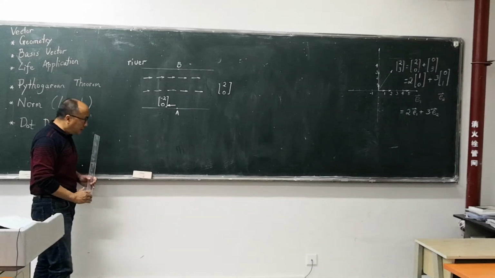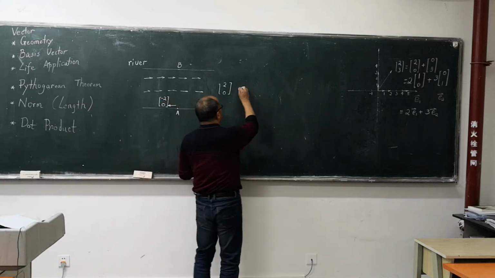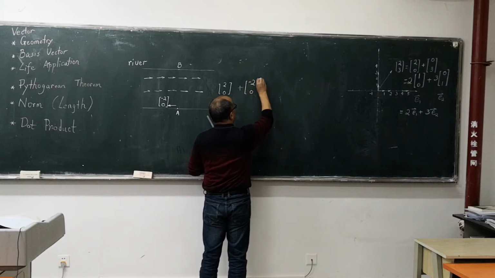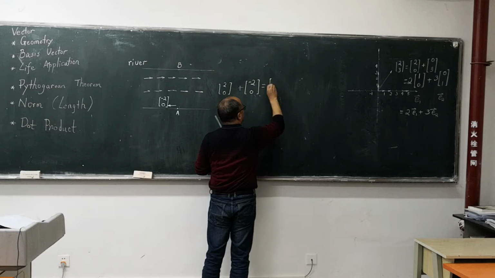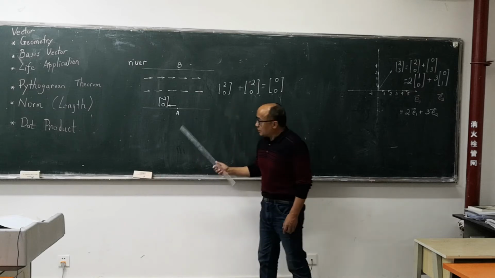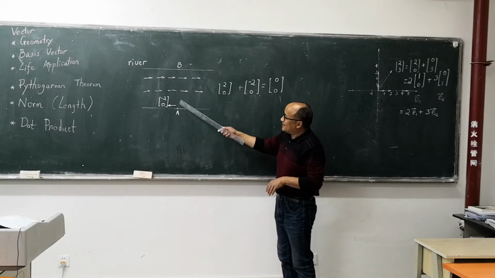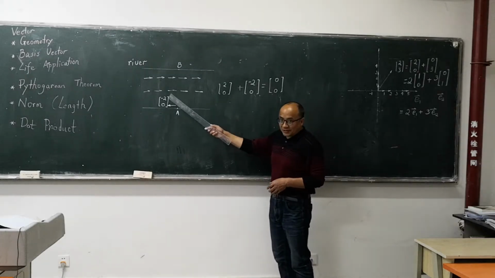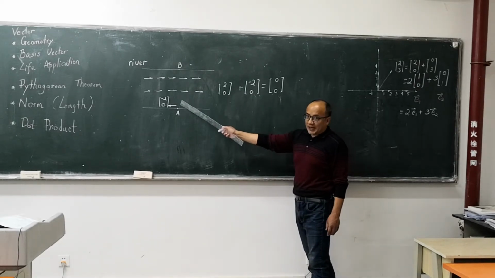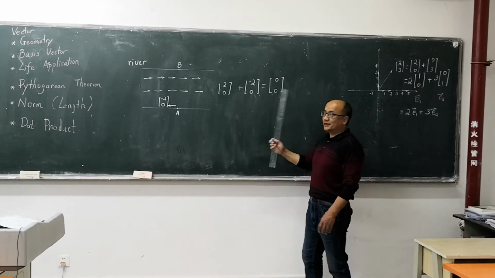So what's the final result? 0. Then your boat is not going anywhere, right? Your boat just holds there, not pushed away. It's just enough to be still inside the river. It's not going that way, and not going up that way.